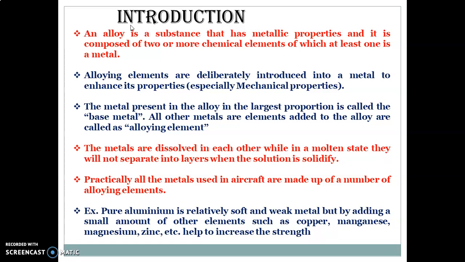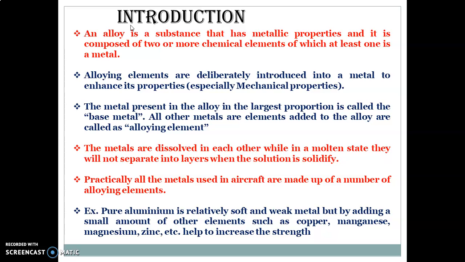Whether it is low carbon steel, medium carbon steel, high carbon steel, cast iron, etc., in all cases the percentage of carbon compared to ferrous is very less. That's why we consider carbon as the alloying element and ferrous as the base metal. All other elements added to the alloy are called alloying elements. So carbon is the alloying element and ferrous is the base metal.